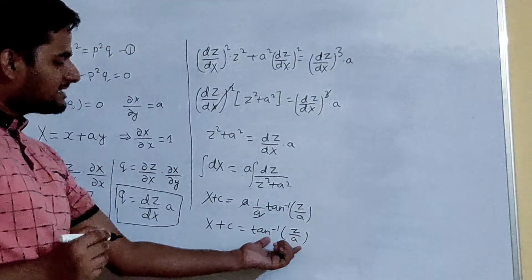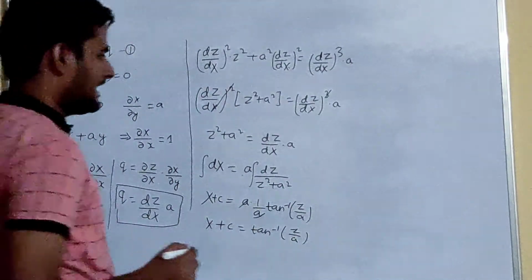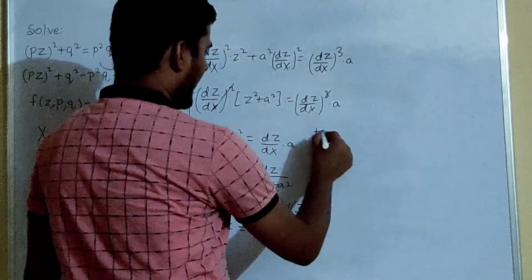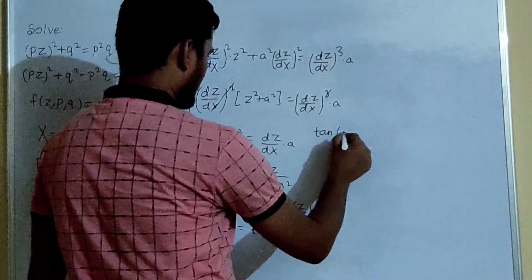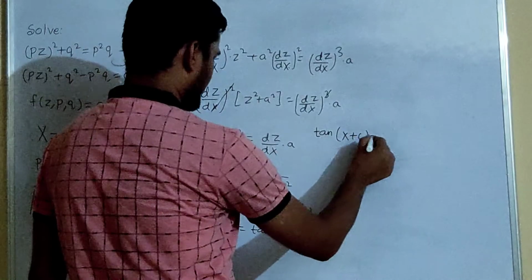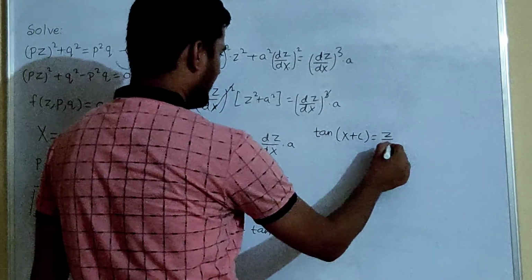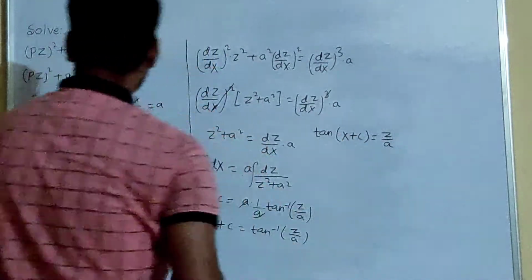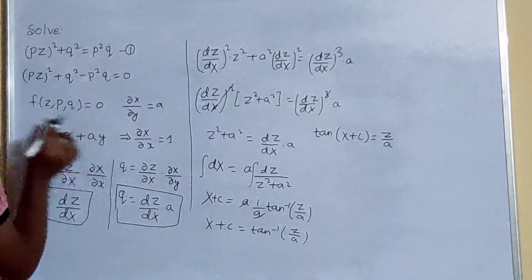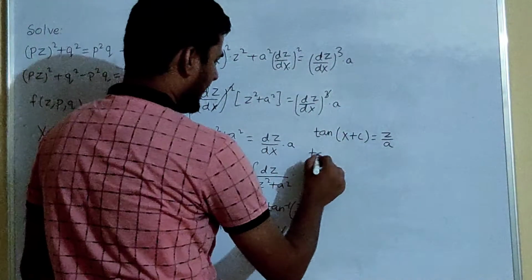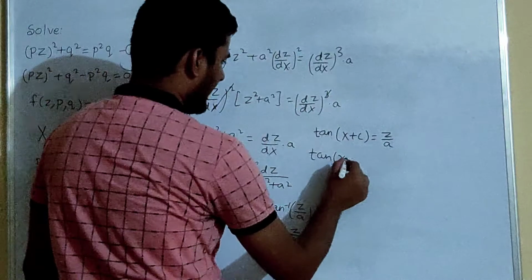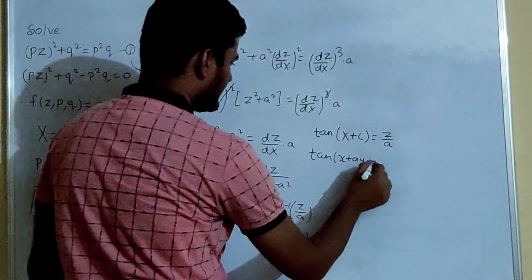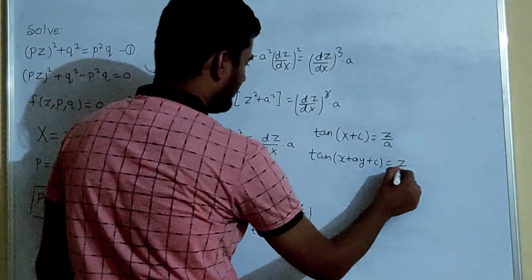I can take this tan to the left hand side, so I will get tan of capital X plus c equals z by a. What is capital X? Capital X is small x plus ay, so tan of (x plus ay plus c) equals z by a.